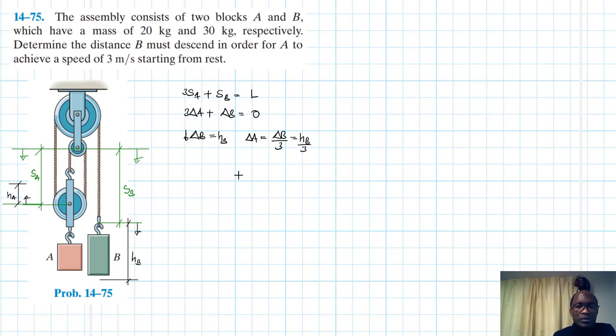Right? So let me write it properly. So delta A is just equal to HA, which is equal to delta B divided by 3, equal to HB divided by 3, and this is going up.